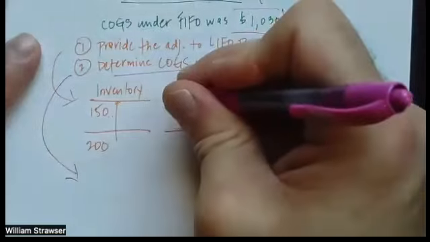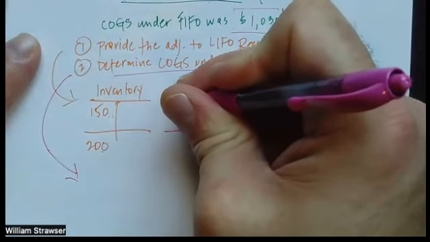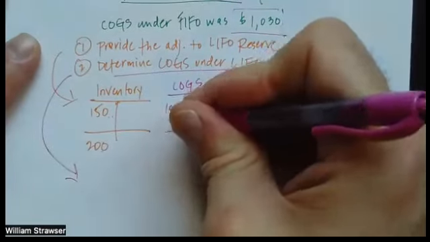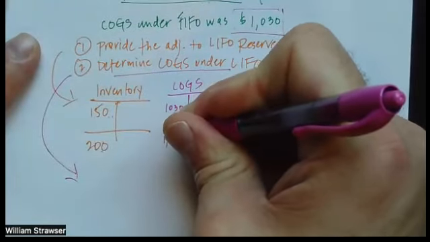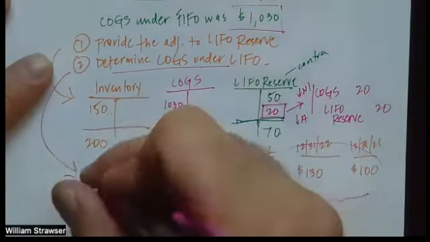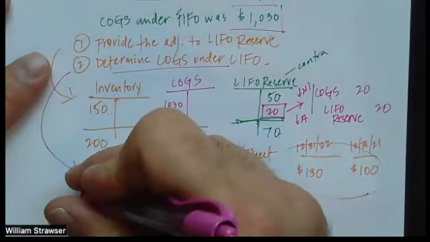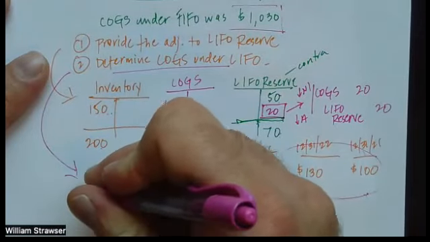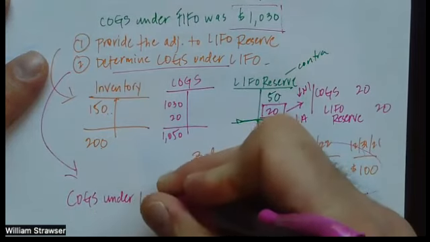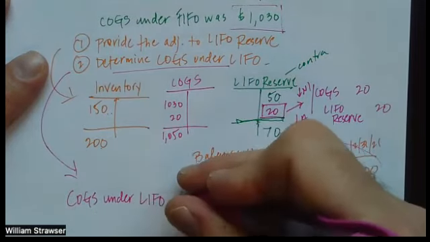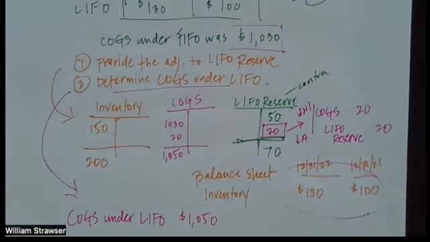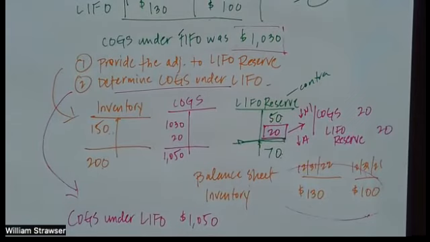It was at a balance of 1,030 until now. I also debited that by 20. So after I make that transition to LIFO accounting, then I will have cost of goods sold under LIFO be $1,050. Great.